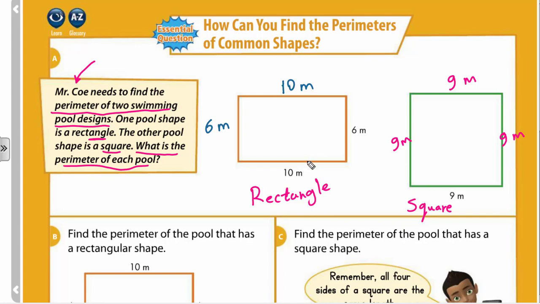One of them we call length, and the other one we call width. So for the rectangle we have two dimensions, one is length and the other is width.